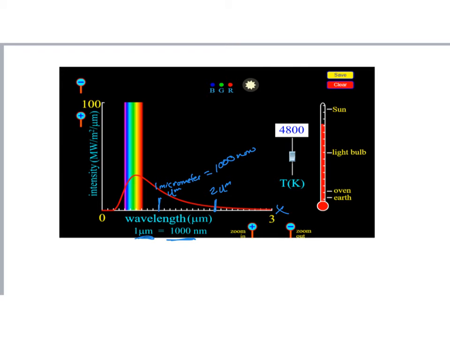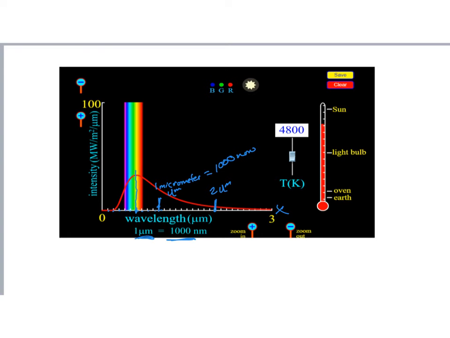So let's look at this peak right here, trace it down, and it comes down to this point right here. So we could say that that is 1, 2, 3, 4, 5, 6, 7, 8, 9, 10. This is 0.5 micrometers, or if this is 1,000 nanometers, this would be 500 nanometers, right?